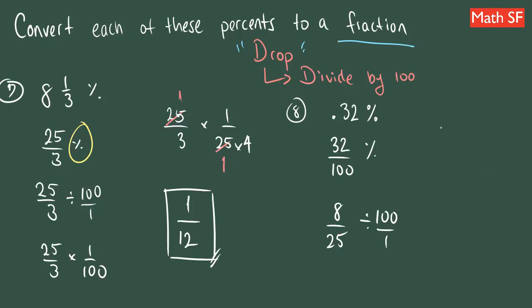So we have 8 over 25 times 1 over 100. This 8 is actually 4 times 2 once again, and you have 25, which could be 5 times 5. Let's just write 5 times 5. Maybe there is something in common there, but you can clearly see that there is no 5 on top. But this 100 could be 4 times 25, and you can clearly see now that the 4s cancel, and there's nothing else to cancel out because there's a 25.